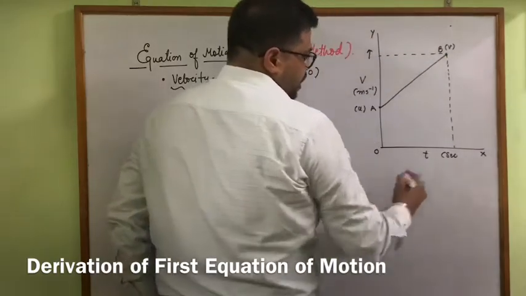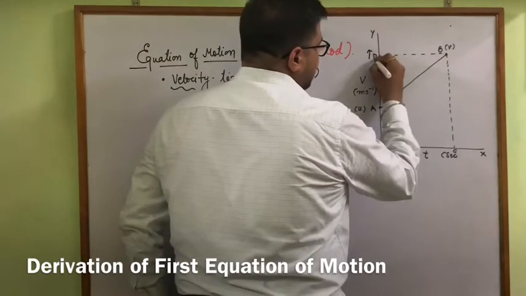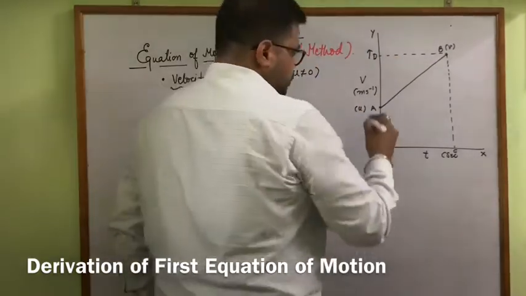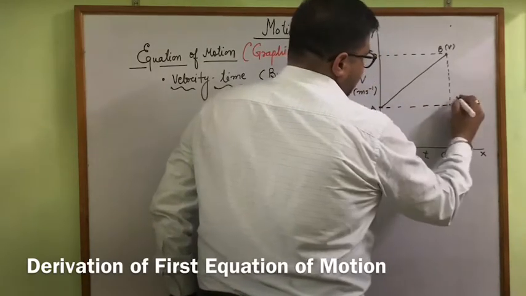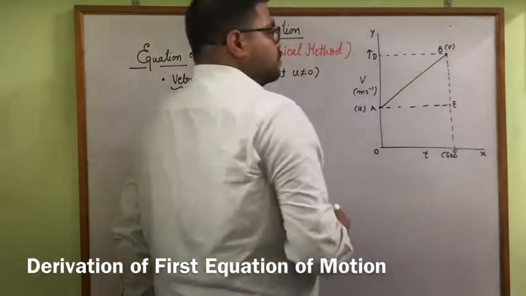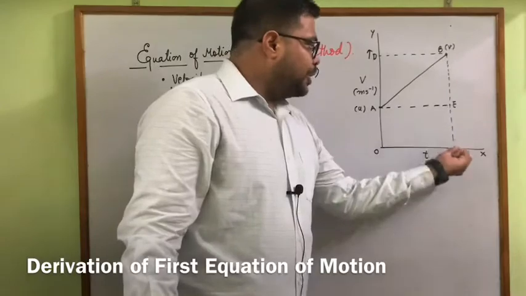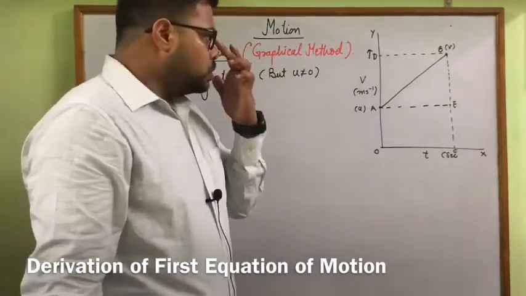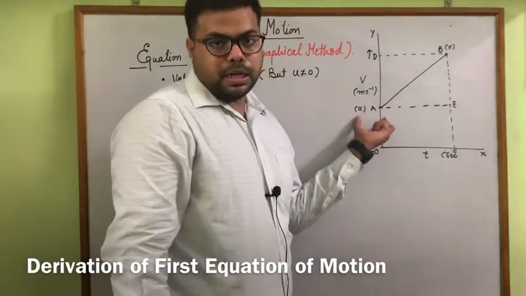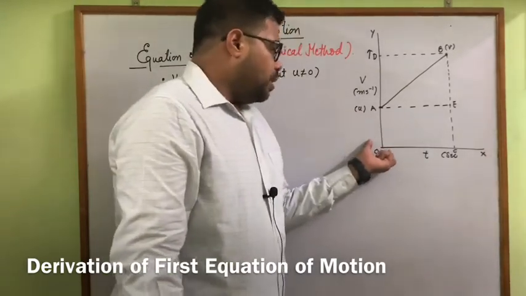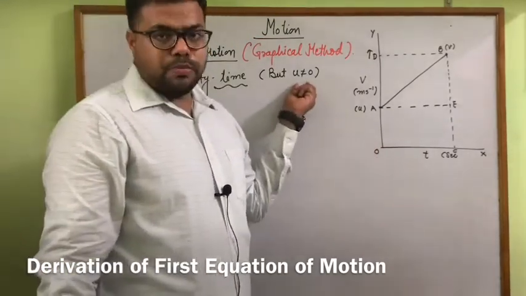We name them BC and BD. Here we also join this line, call it E. Now when we draw these perpendiculars, this particular line OA represents the initial velocity of the particle, because here the particle has not started from rest, meaning the initial velocity cannot be equal to 0.